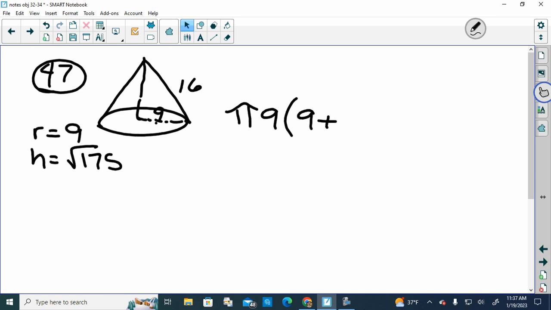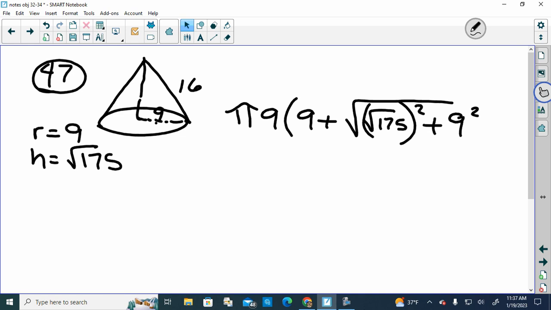Plus, and then underneath the radical, we're going to have 175 that we're squaring. And then we're also going to have 9 squared. Okay, we're okay with that.